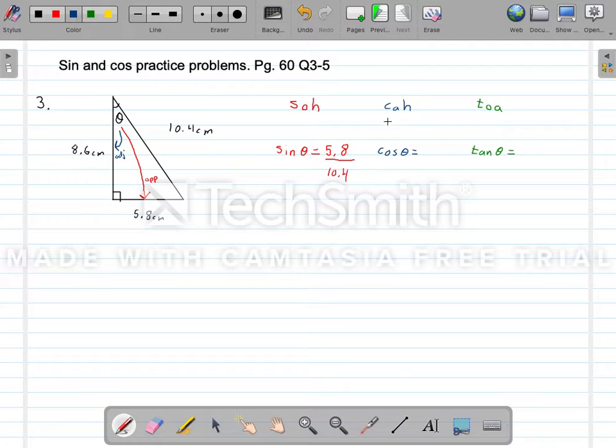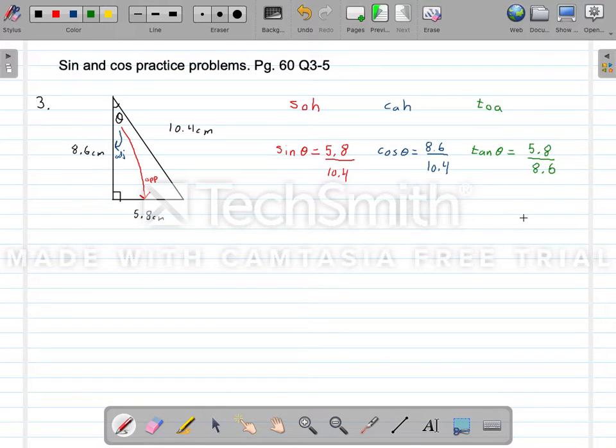Cos of theta is going to be adjacent over hypotenuse, so my adjacent is 8.6 divided by the hypotenuse, 10.4. And the tan of theta is going to be opposite over adjacent, TOA. Opposite here is 5.8, and adjacent is 8.6.